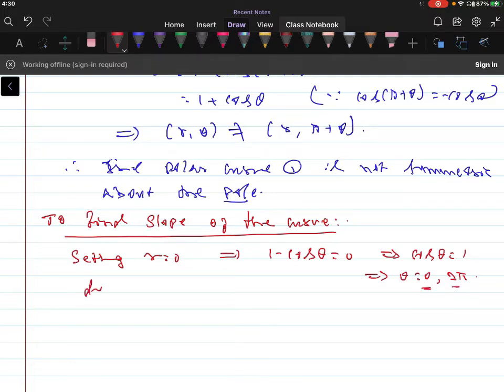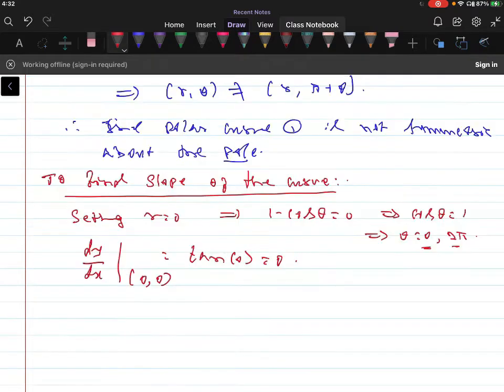The slope of the curve dy by dx at the point when r is 0 and theta is equal to 0 is tan 0, that is 0. Slope is 0. At theta is equal to 2 pi, the slope at the point 0 comma 2 pi is tan 2 pi, which is again 0.